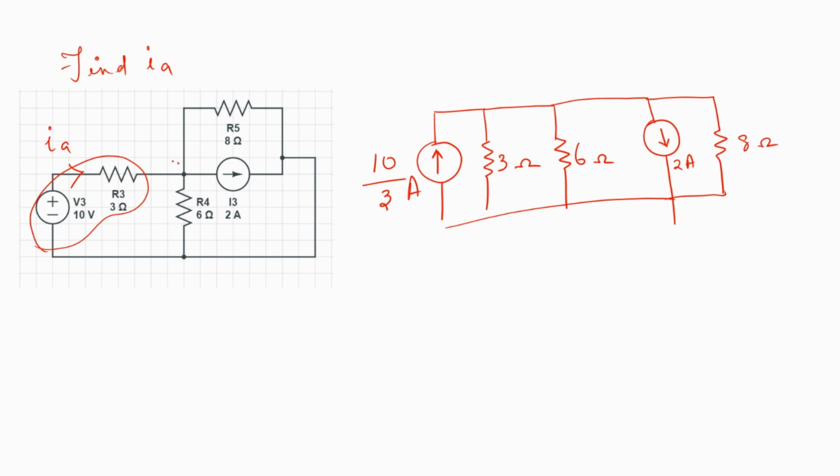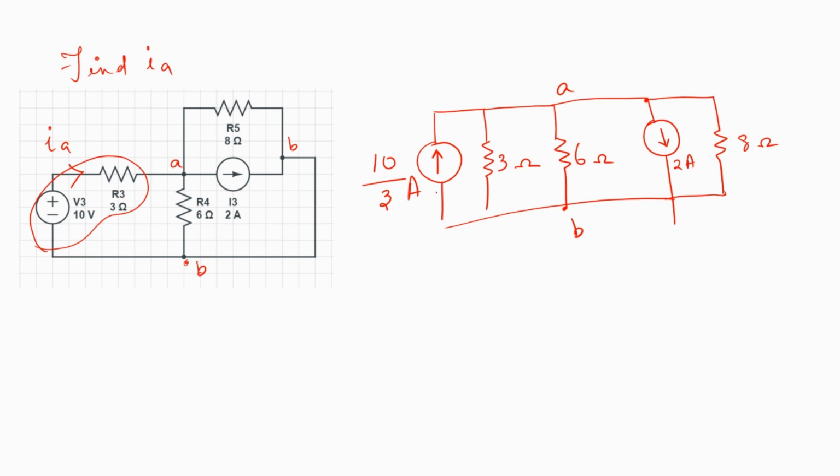Because after all, I'll call this point A and this point B. And since there are no components connected over here, this is also like point B. So instead of taking an extra wire and connecting it like that, I've directly connected the 2 amps current source from point A to point B, while I ensure that the direction of the current is maintained. So this is now my simplified circuit.